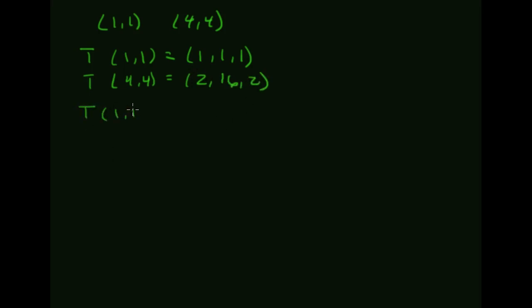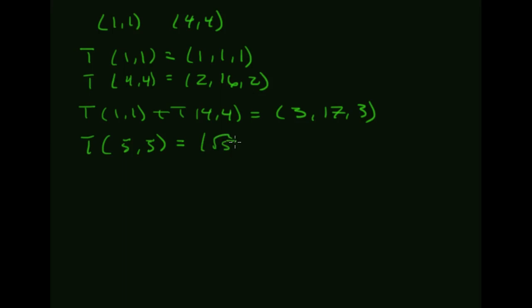So the sum of the transformations becomes (3, 17, 3). But the transformation of the sums, which would be the transformation of (5, 5), is (5, 25, 35), which means these are not the same. So you do not have a linear transformation.